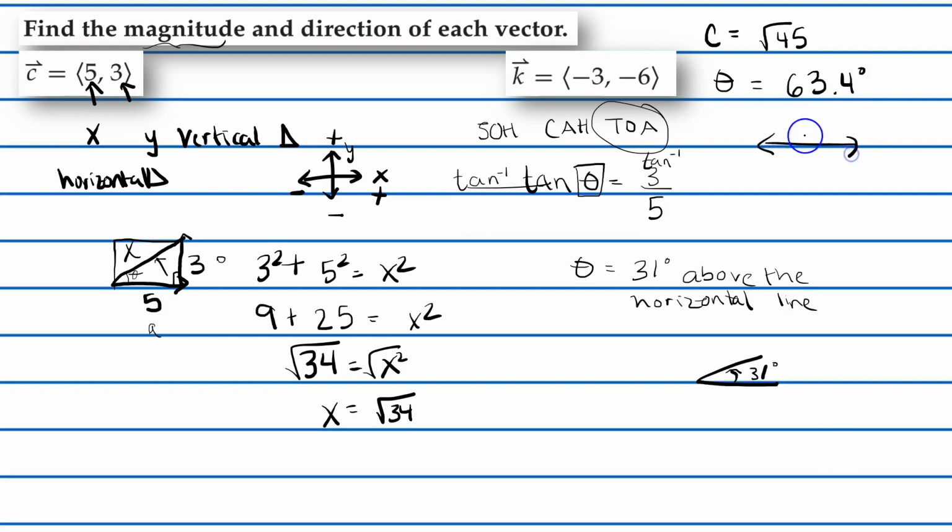So let's make a coordinate plane here. And you know it's going to be 63 degrees below the horizontal line. However, so let me put 63.4 degrees below the horizontal line. And it's also going to be in the third quadrant. And that's it.